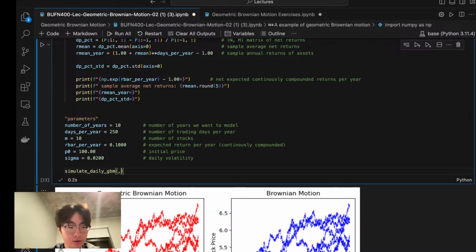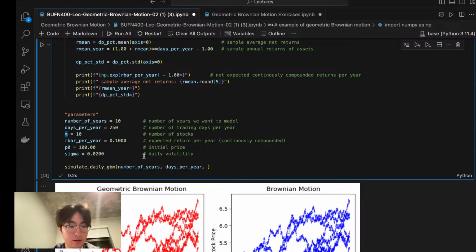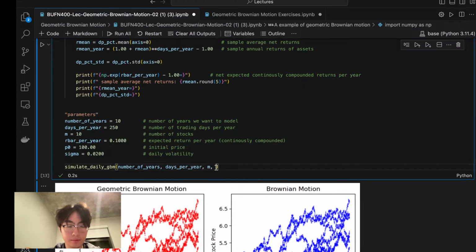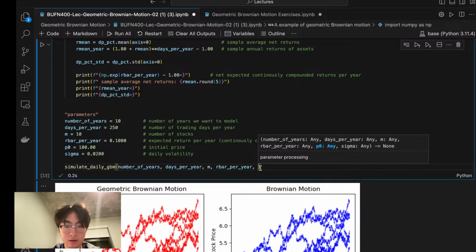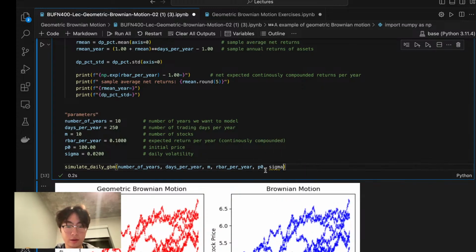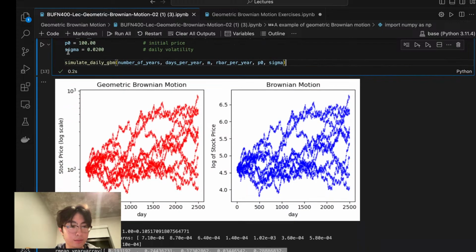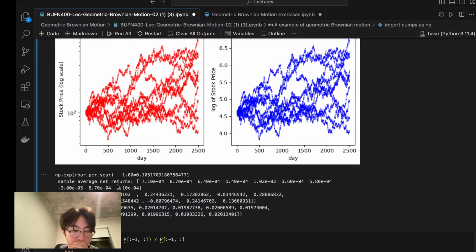Number of years. We have days per year. R bar per year. So P0. Oh, P0. Oh shoot. P0 and then sigma. Okay, so we have these, and this should give us the same thing, right? Yes, it does.